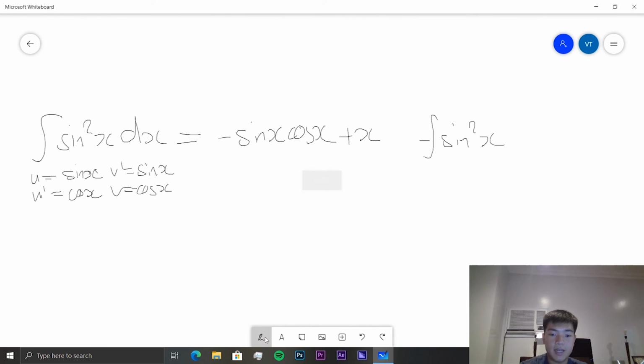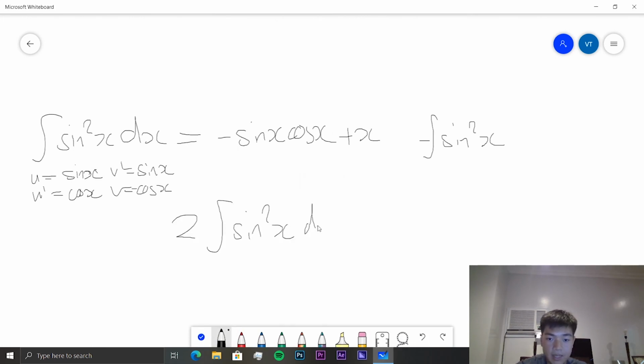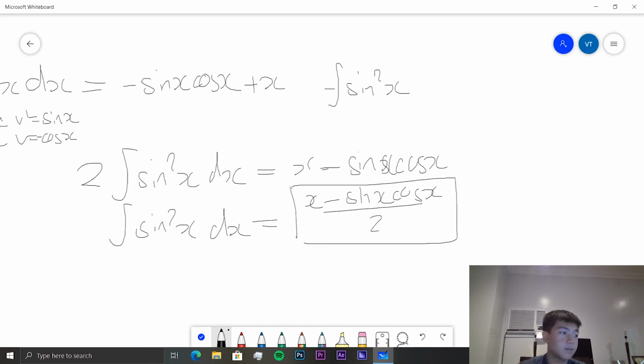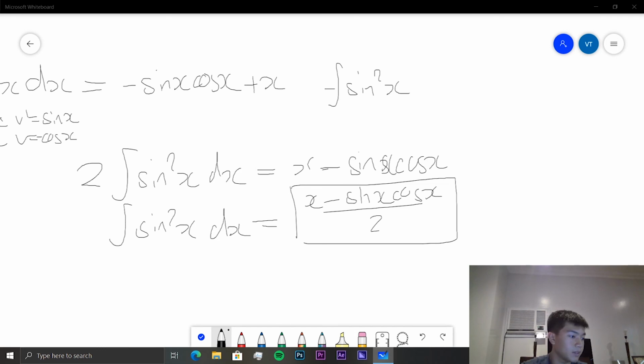So we get that 2 times the integral of sine squared x dx is equal to x minus sine x cosine x. If we divide both sides by 2, we get the integral of sine squared x is equal to x minus sine x cosine x over 2. So this should be our answer. Yeah, looks good. Plus C, of course.